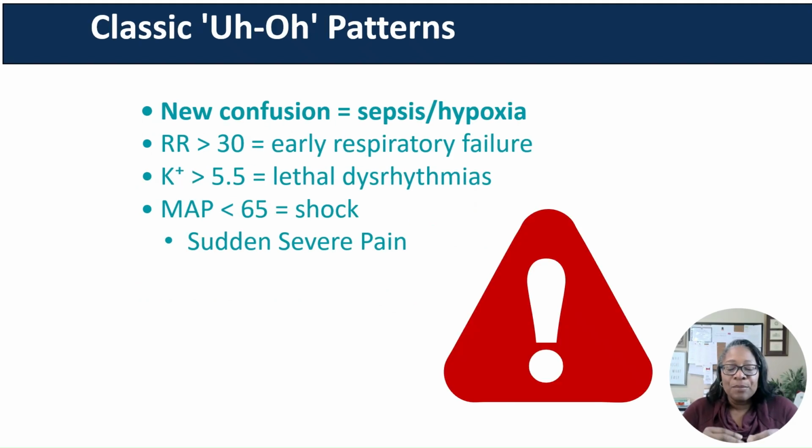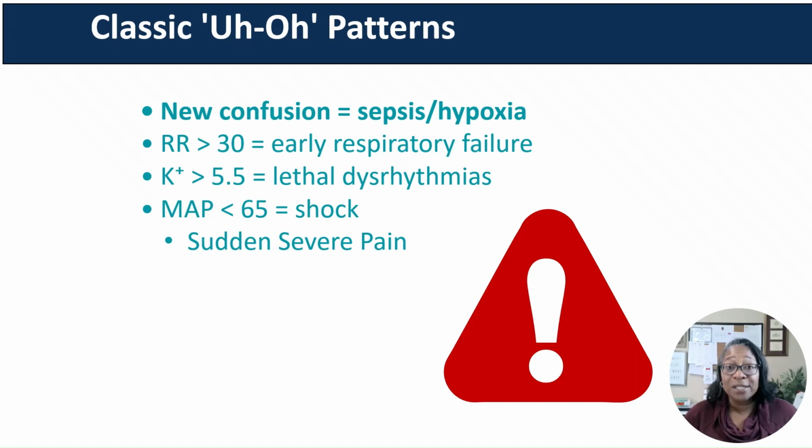So when you're looking at the uh-oh patterns, okay, here are the most testable NCLEX deterioration cues. Okay. Number one, new confusion. It could be because of hypoxia, sepsis, until you prove otherwise. Okay. So if a patient suddenly becomes confused, this is an NCLEX red alarm.